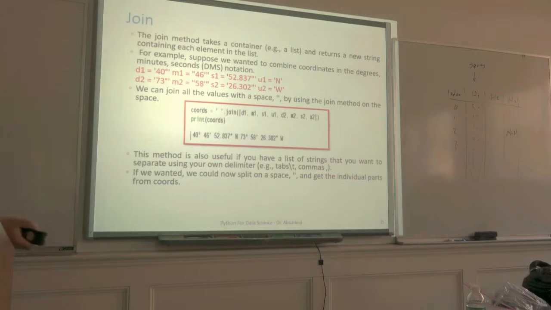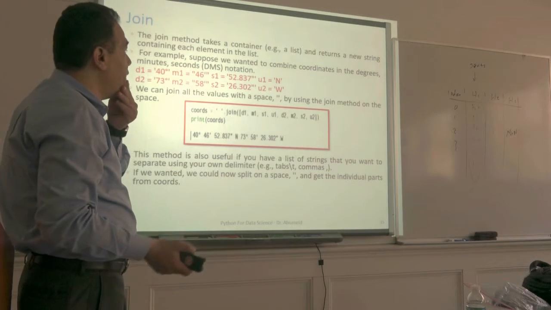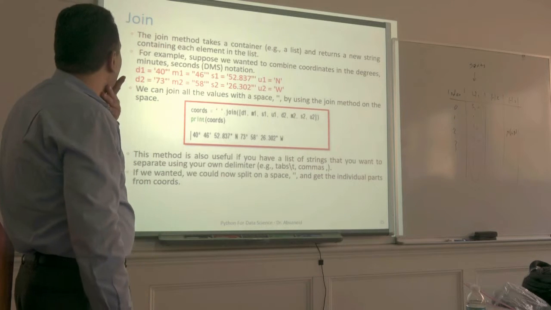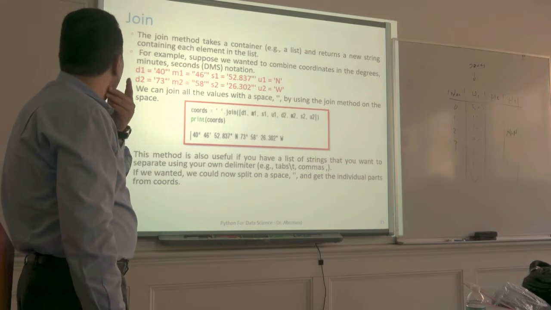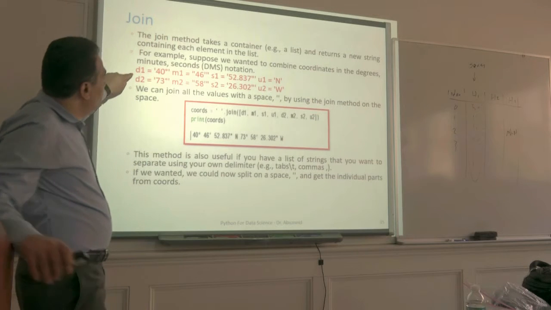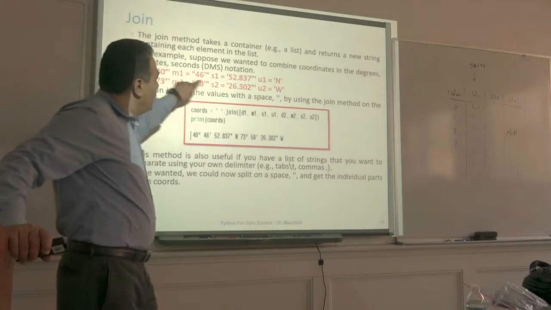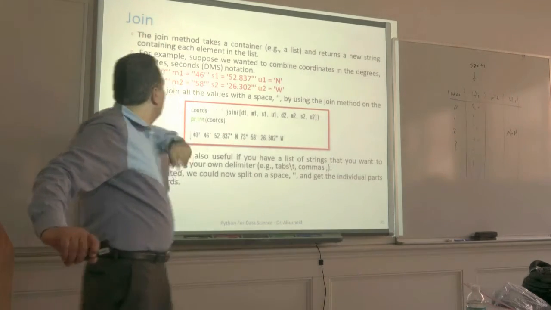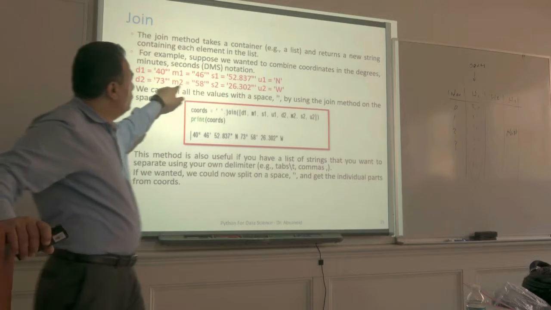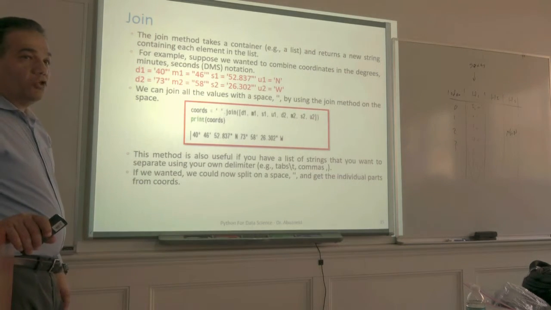Join. The join method takes a container and a list and returns a new string containing each element in the list. For example, you have D1, M1, S1, U1, and then D2, M2, S2, U2. There's a function called join.